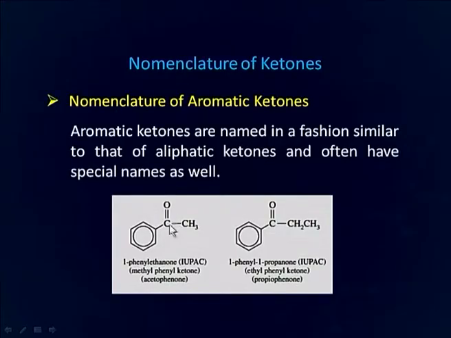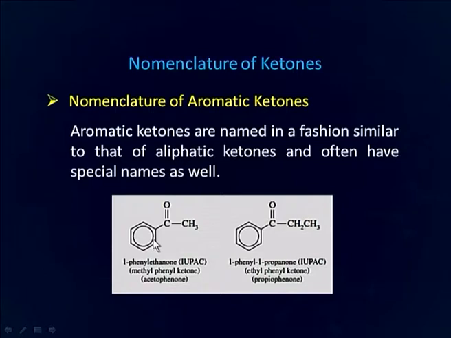Aromatic ketones are named in a fashion similar to that of aliphatic ketones and often have special names as well. You can see here, this is an aromatic ketone and the common name for this is acetophenone. It is also called methyl phenyl ketone, but the IUPAC name for this molecule is 1-phenyl ethanone.